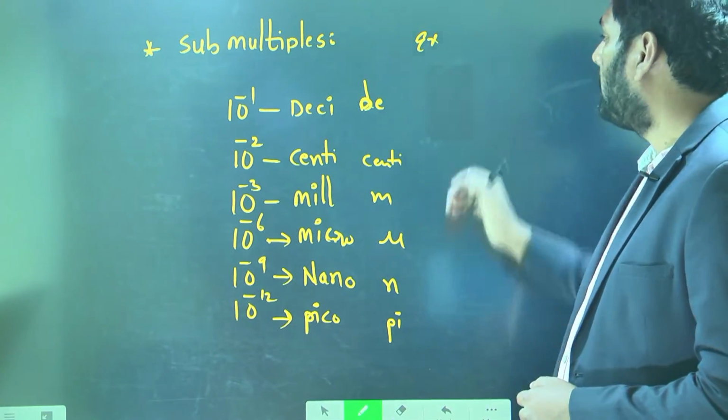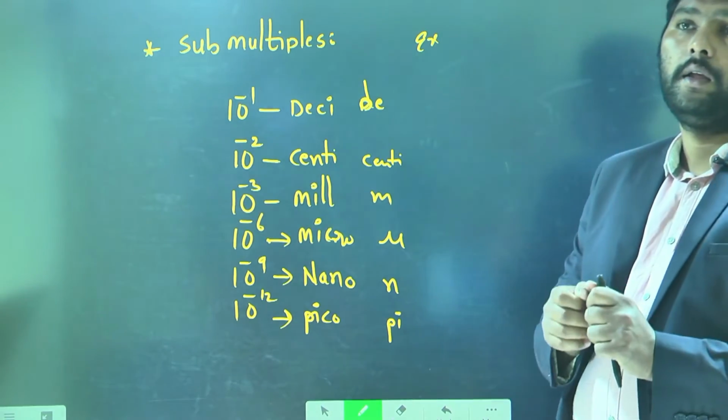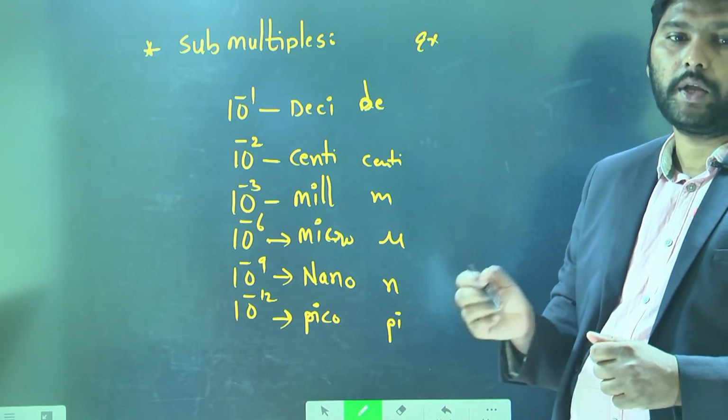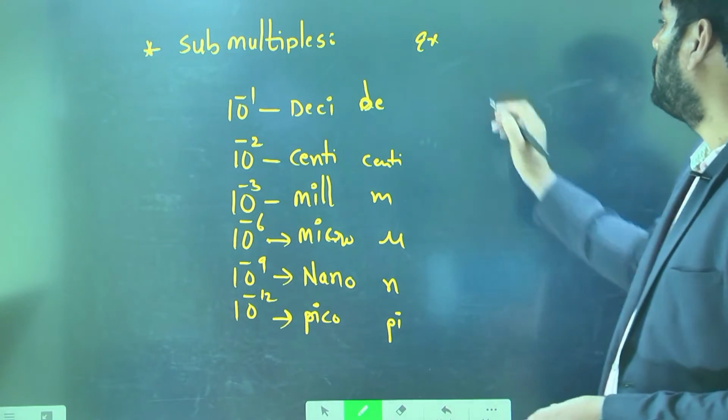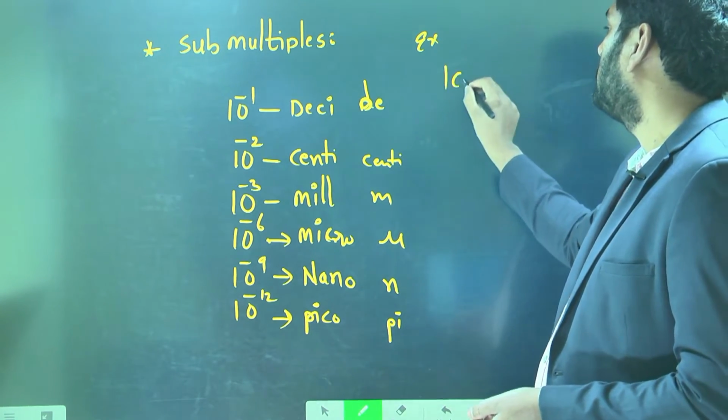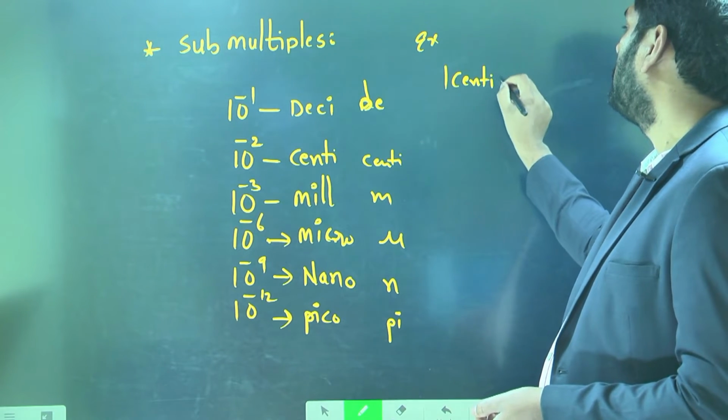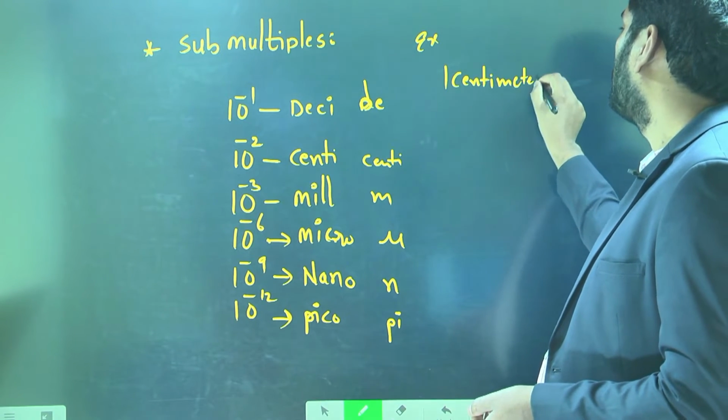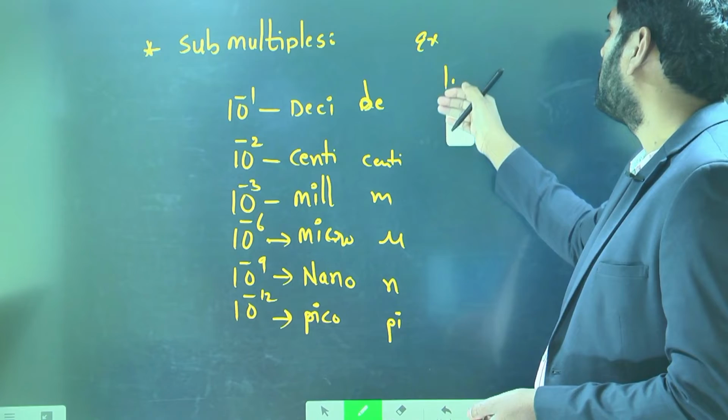Or else let's start with finding the distance units. How can you measure distance? You know, centimeter. For example, 1 centimeter. Generally, 1 centimeter is represented with what? cm.